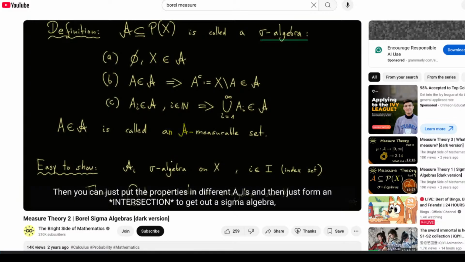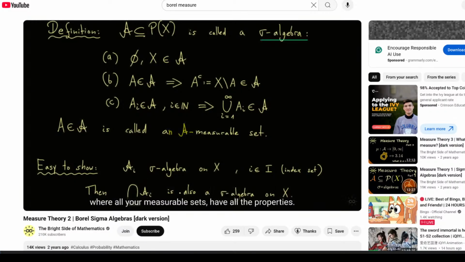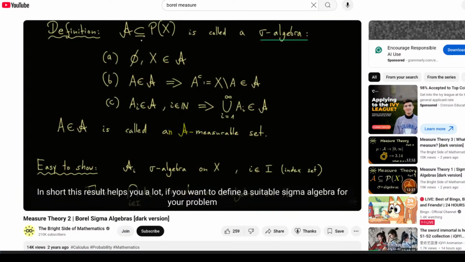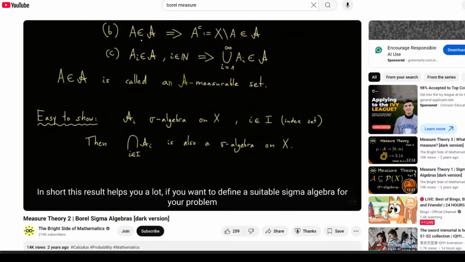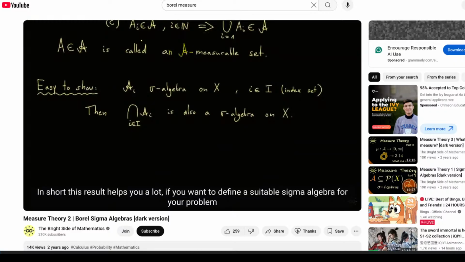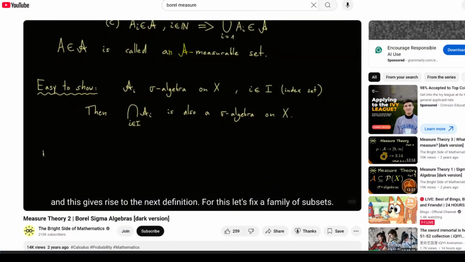Then you can just put the properties in different A_i and then just form the intersection to get out a sigma algebra where all your measurable sets have all the properties. In short, this result helps you a lot if you want to define a suitable sigma algebra for your problem. And this gives rise to the next definition.